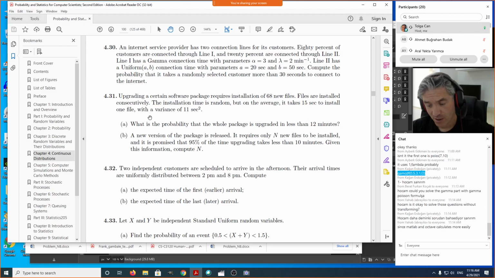And also solving negative binomial questions. In the book, there's an example where the negative binomial is converted to binomial and solved.